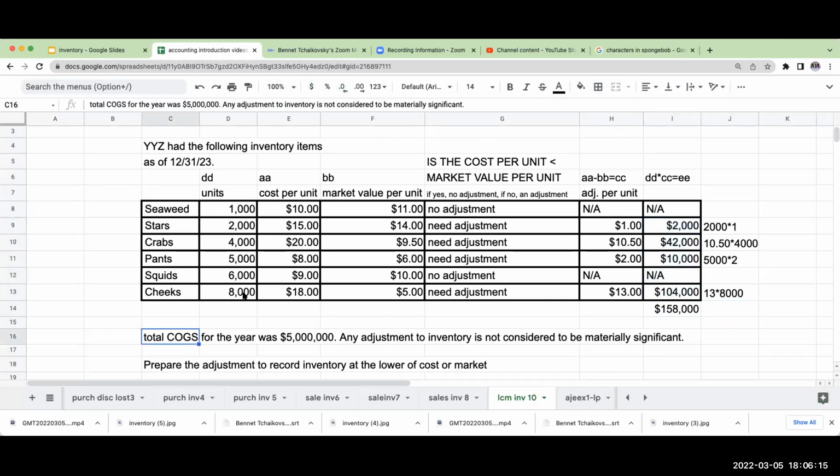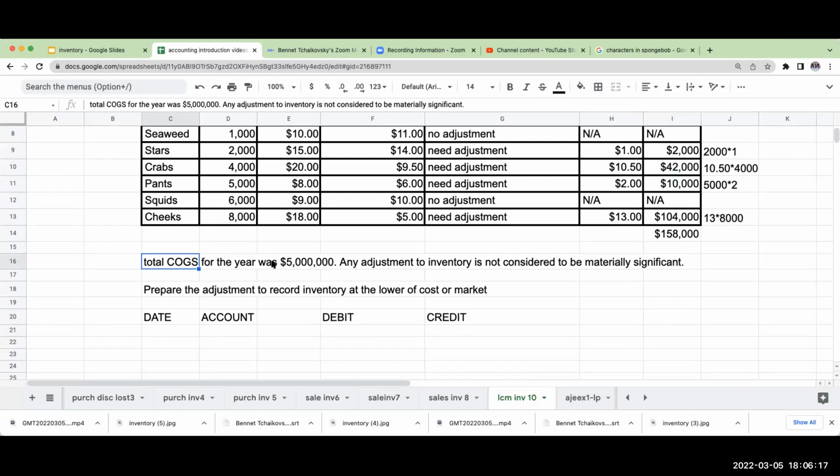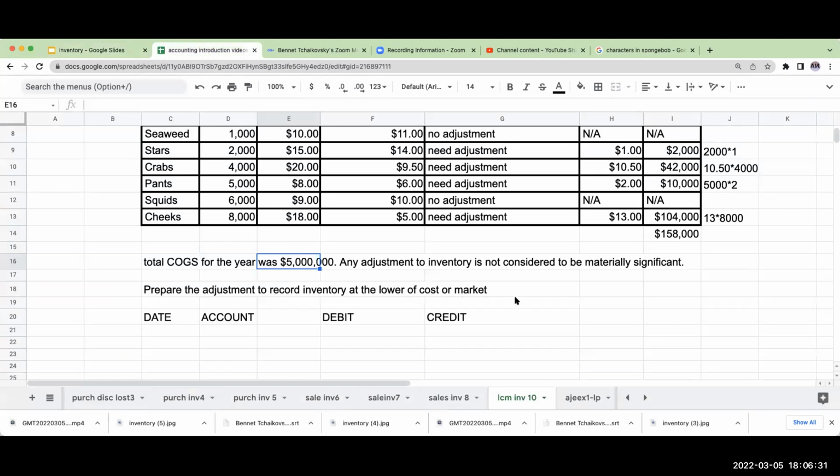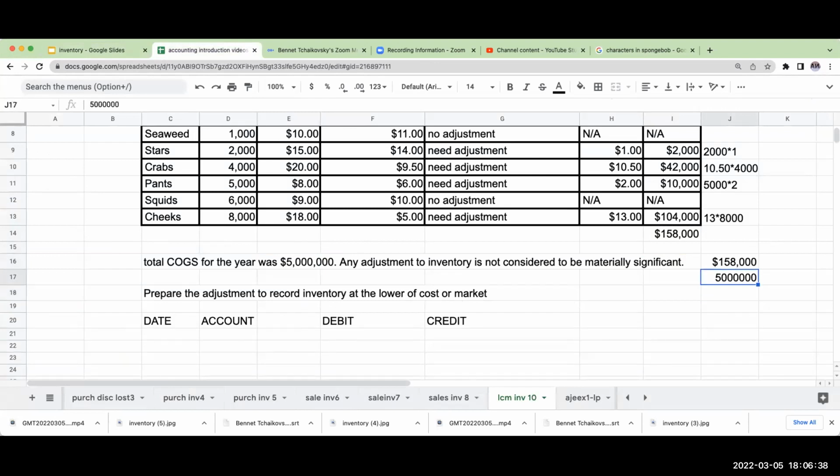The reason why I changed that just now, sneaky like a squirrel, as shown in the game, is that if my cost of goods sold was 500 grand, I'd have a problem because that amount would be materially significant. But since I changed it to be 5 million, 158,000 divided by 5 million is roughly about 3%. So it's not materially significant.